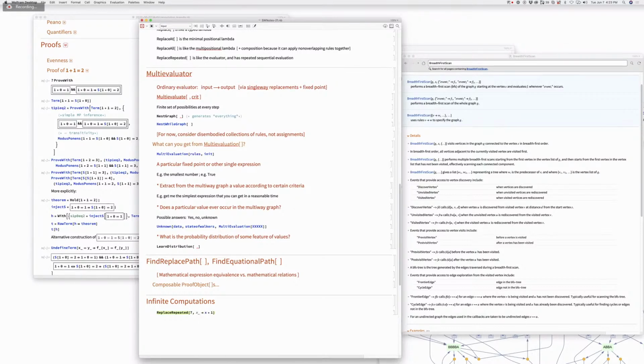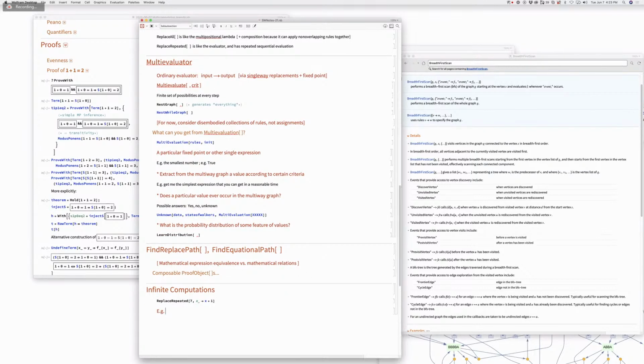Okay, that's an example of an infinite computation. The question that I have is, if you have an infinite computation, does x ever get value 111?